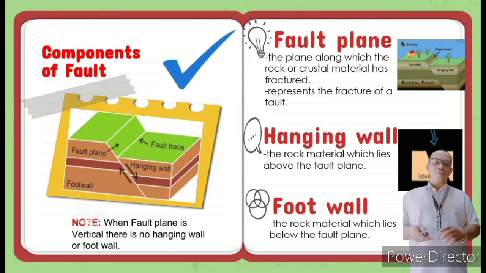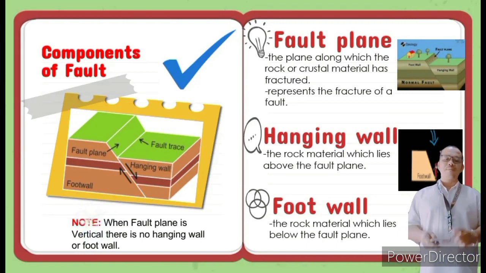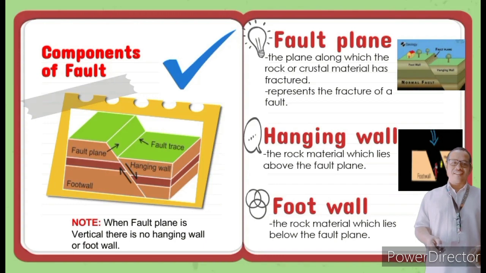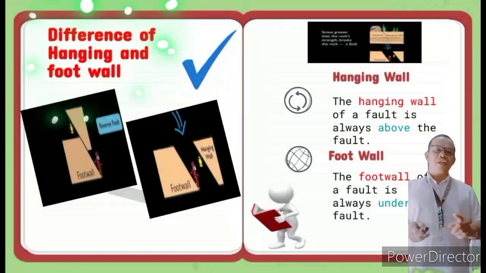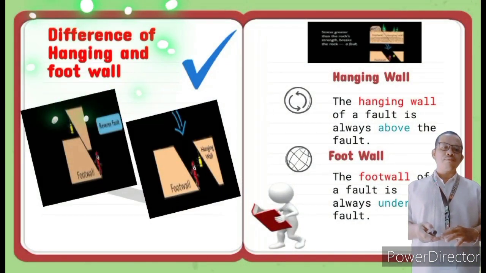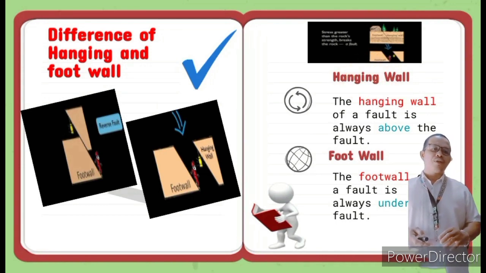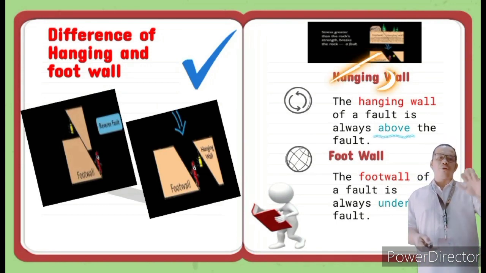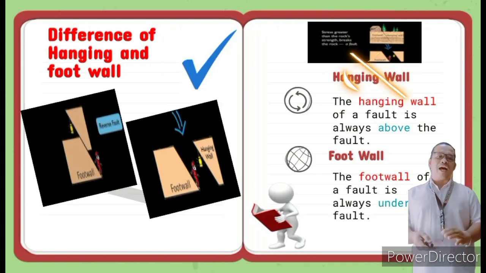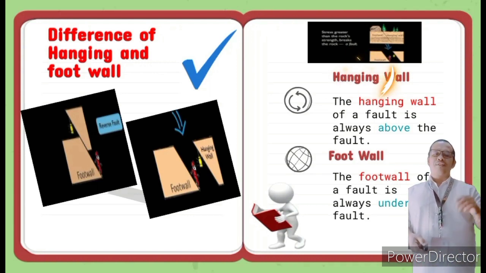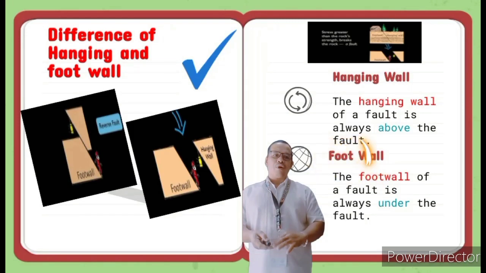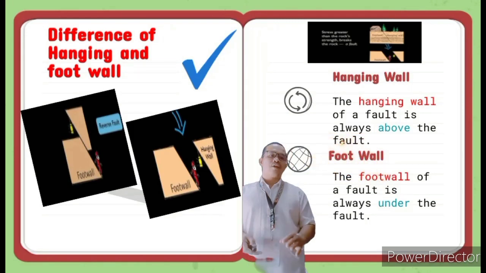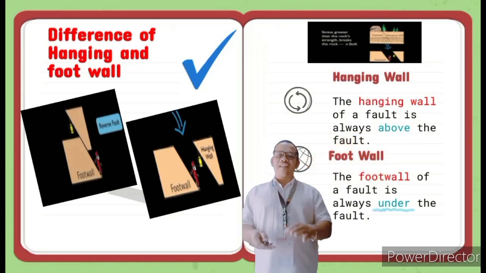Note, when the fault plane is vertical, there is no hanging wall or footwall. Remember that, class. The hanging wall is always above the fault, while the footwall is always under the fault.